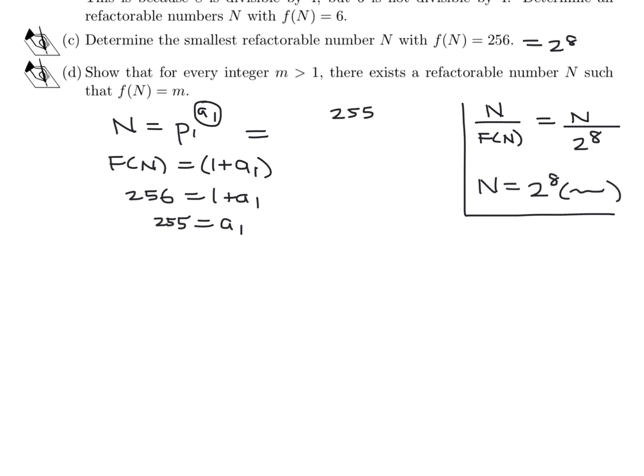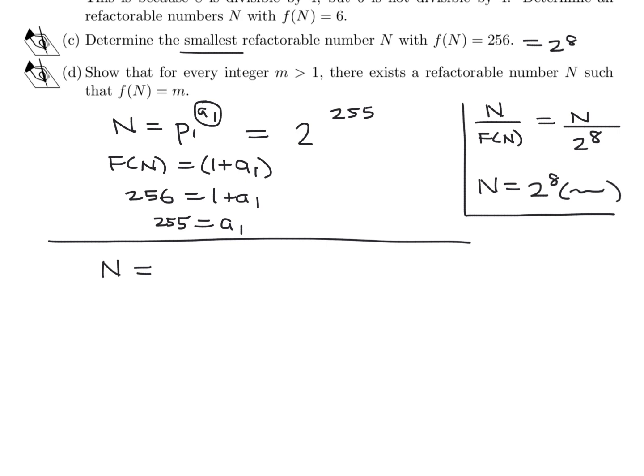And since we want the smallest, I'm going to choose the smallest prime number, which is 2. So this is one candidate for n, 2 to the power of 255. That's a very, very huge number, so I don't think that's the smallest. So we've got to keep going here. Okay, no problem. Let's just do one more to see. I don't know how many I have to do here.